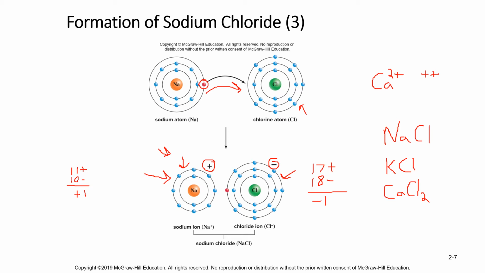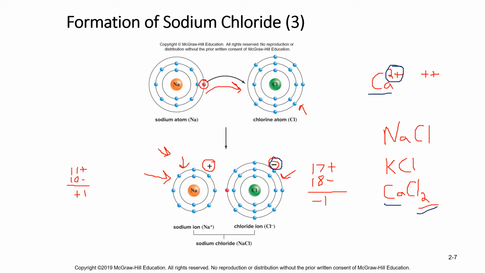Notice there are 2 chlorines here. Even when you make ionic bonds, it has to be balanced. So remember, calcium had 2 positive charges. Chlorine only has 1 negative charge. So you need 2 chlorines to balance out the calcium.